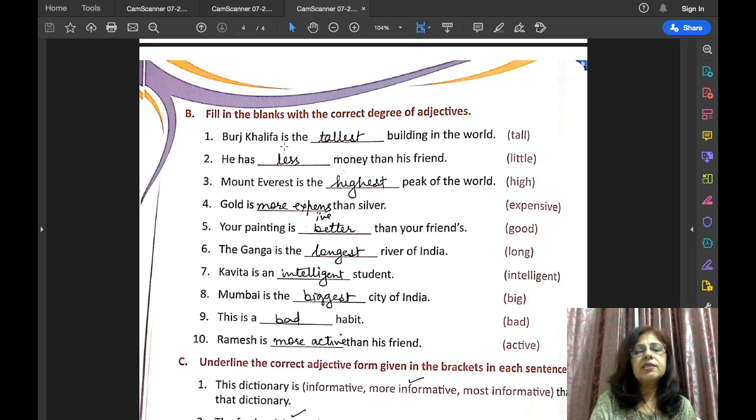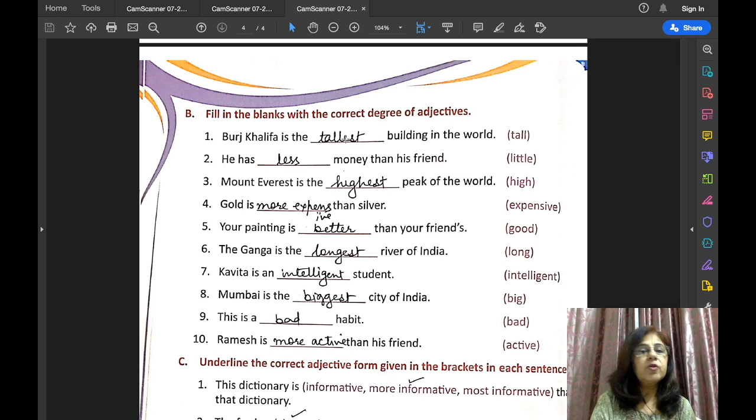So, let us read the first sentence. Burj Khalifa is the dash building in the world. So, here is the comparison between all the buildings in the world. So, buildings are more than two. All the buildings in the world are being compared.